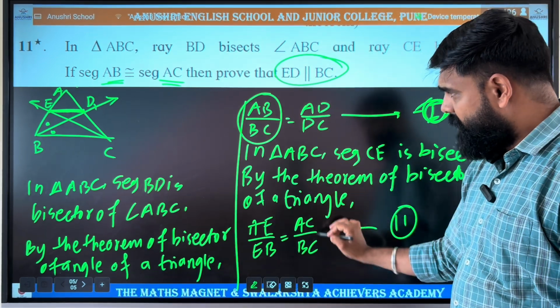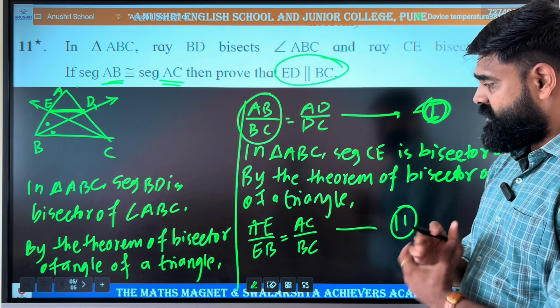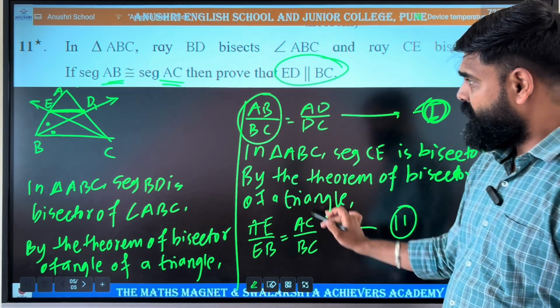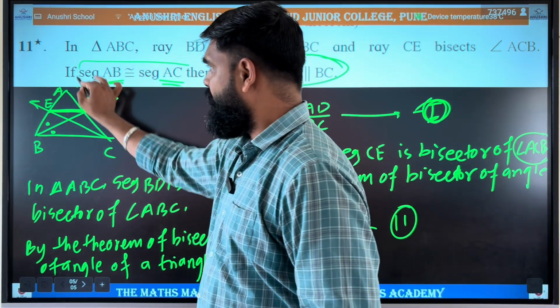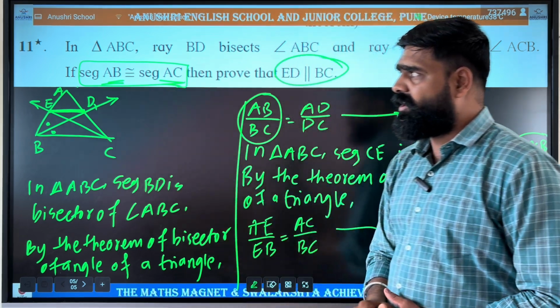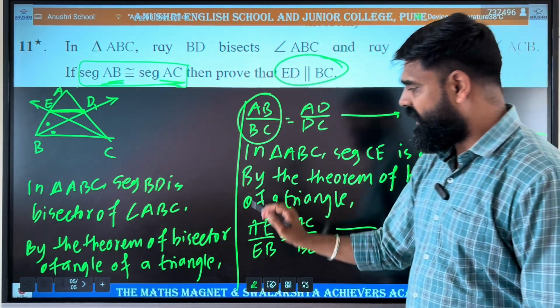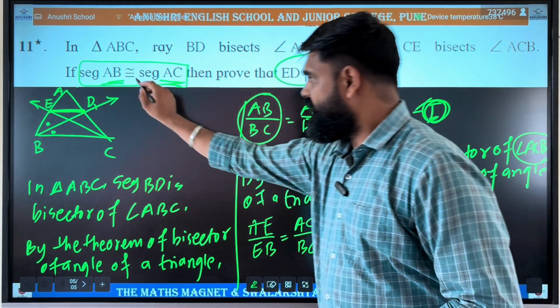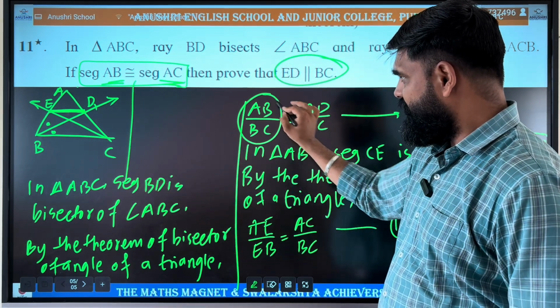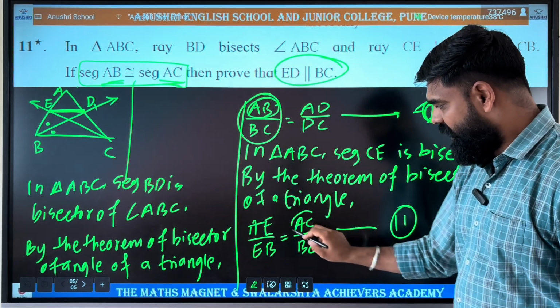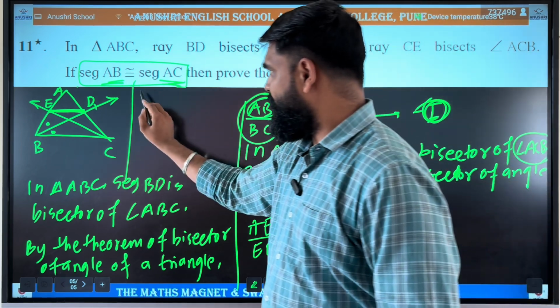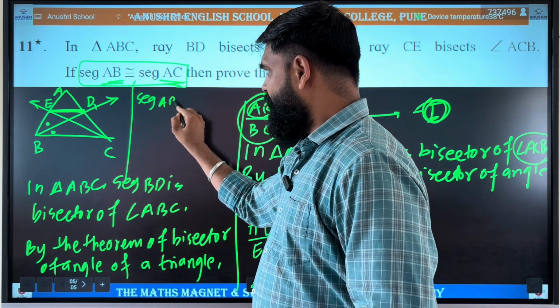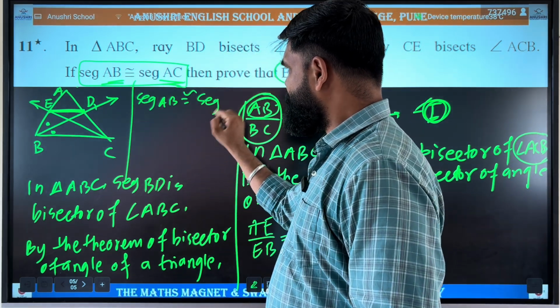So if we compare these two equations, we also have this data, AB is congruent to AC. So this AB is equal to this AC, segment AB is congruent to segment AC.